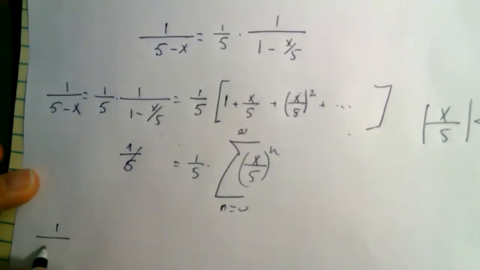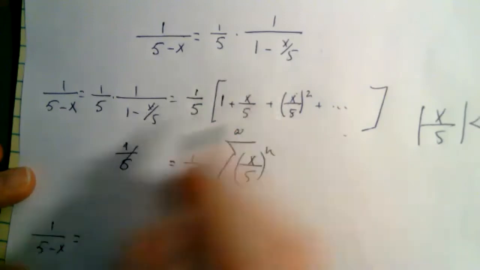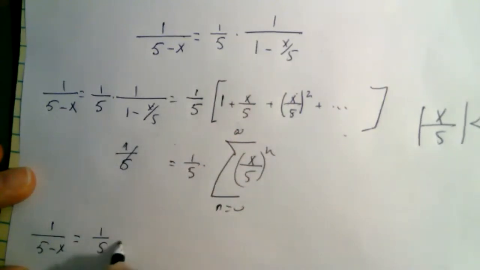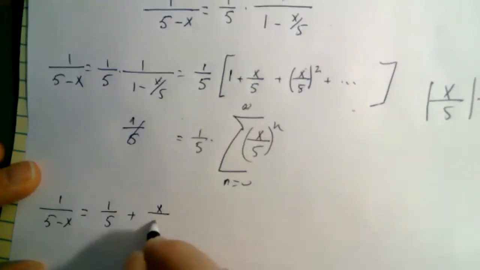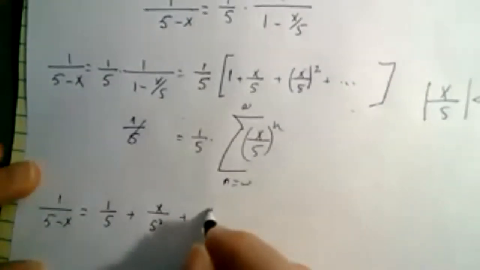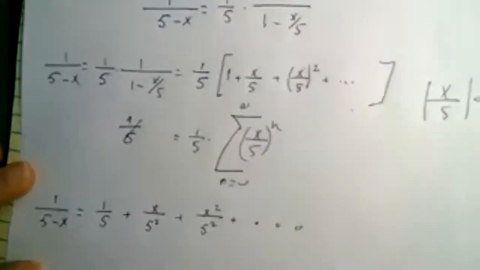So 1 over 5 minus x is going to be equal to 1 over 5, plus x over 5 squared, plus x squared over 5 cubed, plus so on.